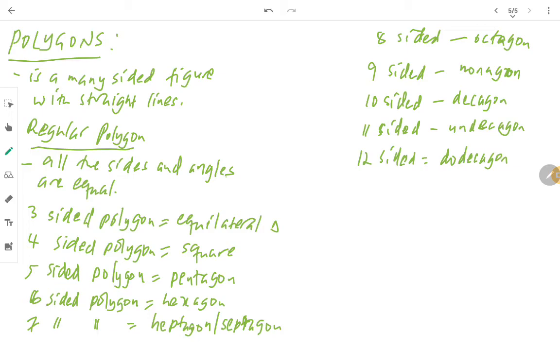If we talk about a concave polygon, we are saying that it's curving inside. That's what we can call concave. Whereby it has got one, let me say, concave. I'll give an example here.